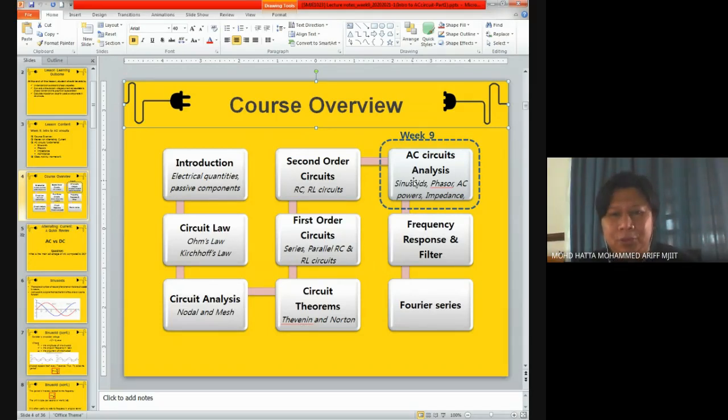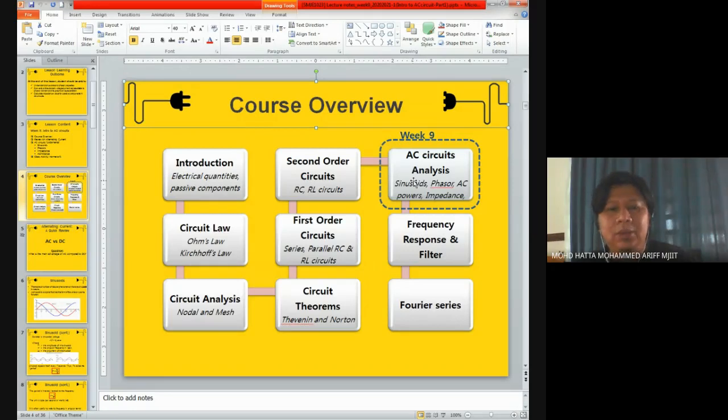First, due to the resistor, the unit is watt, and it is called active power.